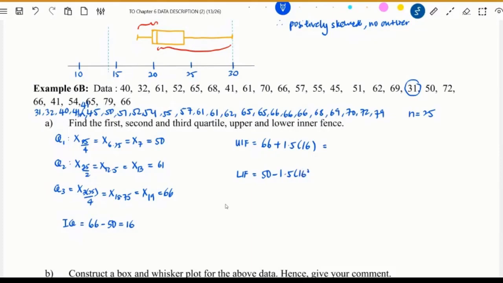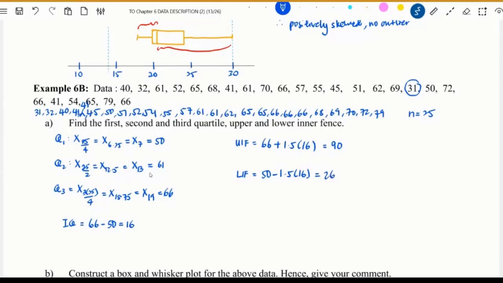Okay. Upper inner fence kita dapat berapa? Kira. Kita dapat upper inner fence 90. Okay. Lower inner fence 26. Okay. Good. So we are already done finding the 5 values.